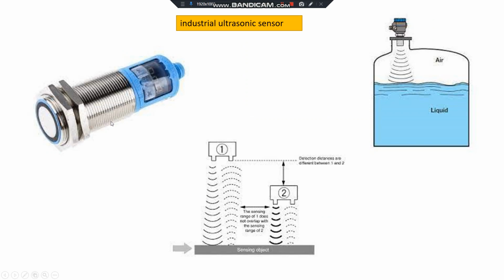Another sensor type is the industrial ultrasonic sensor. We are using this sensor in many areas, especially in factories and industrial areas. There are many dirty, oily and dusty areas, so the process can be blocked for these reasons.